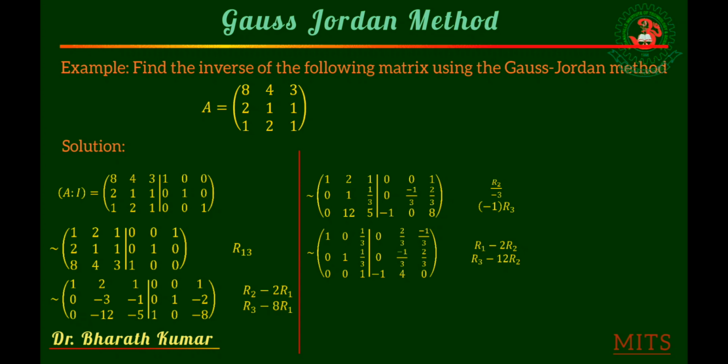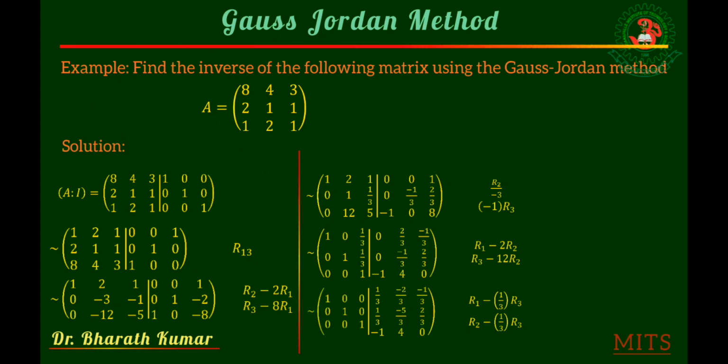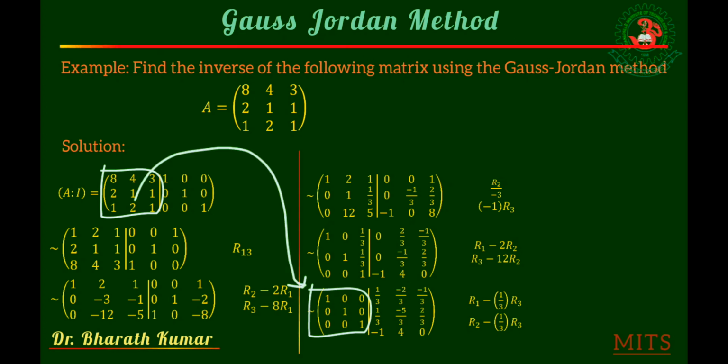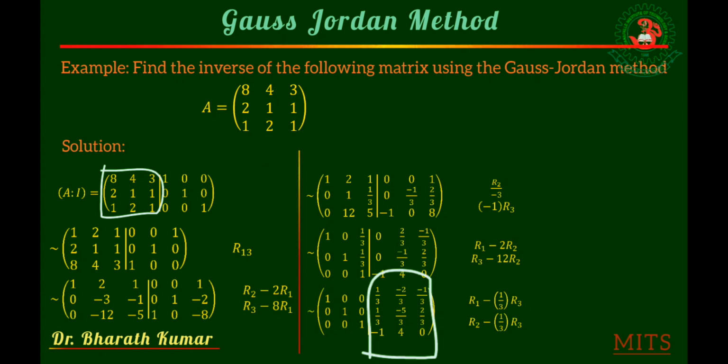Repeat the same procedure for making the third row, third column element 1 and the above elements of it zeros by applying the transformations R1 minus 1/3 times R3 and R2 minus 1/3 times R3. This gives the transformed identity matrix of given A. Also, the right side matrix is the required inverse of A.